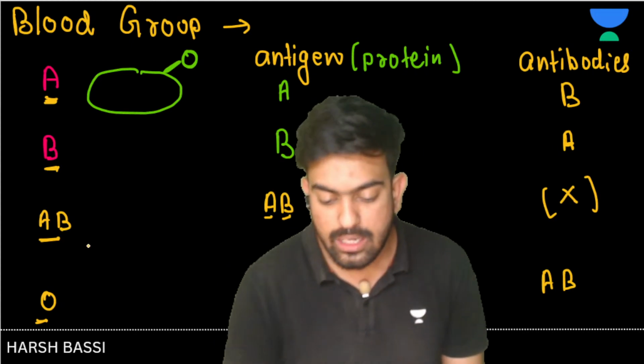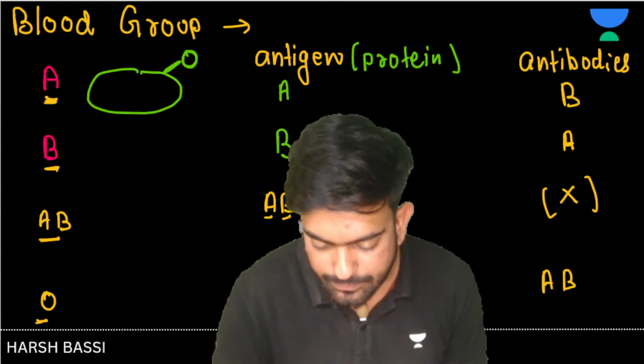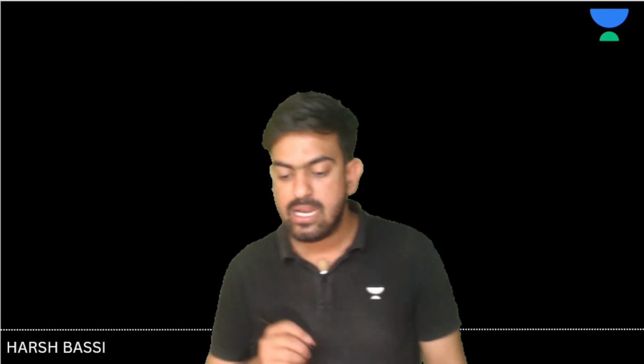चलो. Now let us talk about the donor and recipient. So see here, we have A, we have B, we have O, and we have AB. Yes or no?